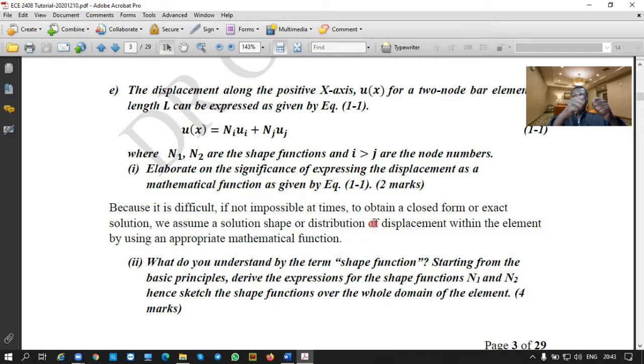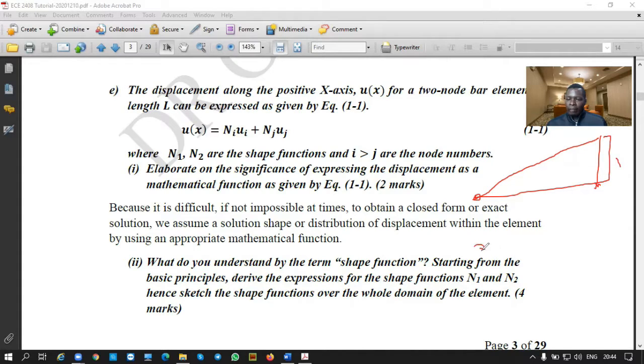For the bar, because it behaves like a spring, within Hooke's law we expect a linear deformation. That's why we had a linear shape function, just a straight line increasing: at the start it is 0, and at the other end it is maximum, 1. Then we had another one going the other way at node 2.